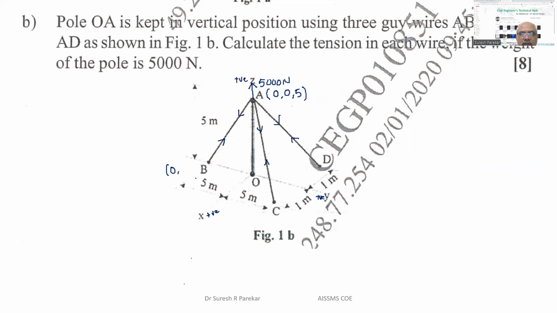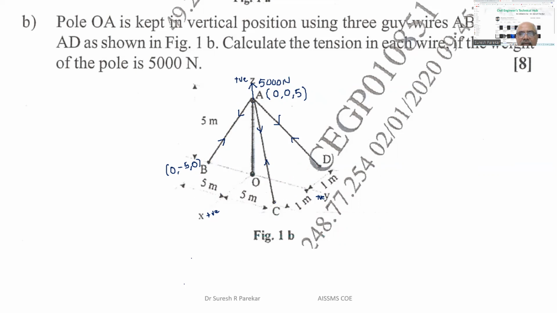So 0, this is the opposite side, so -5 and 0. The Z coordinate of all these points is 0 because this plane is the XY plane passing through the origin.